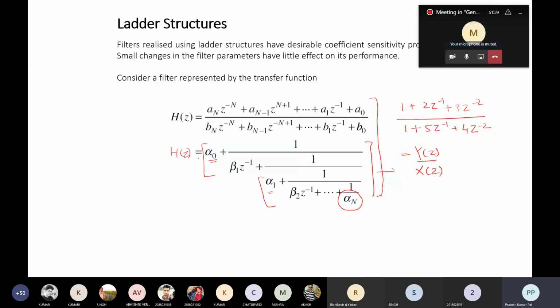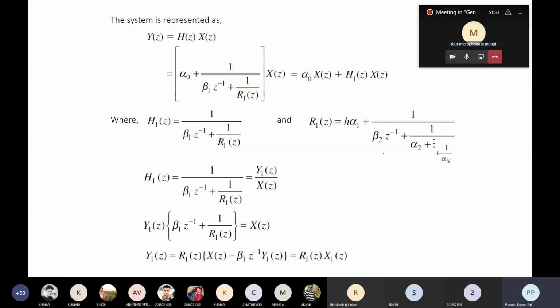We have written y of z divided by x of z is equal to alpha 0 plus 1 by beta 1 z to the minus 1 plus 1 upon whatever term is there, which we have written as r1. So y of z is equal to h of z into x of z. Here h of z is alpha naught plus 1 upon beta 1 z inverse plus whatever terms are below, written as r1 of z.